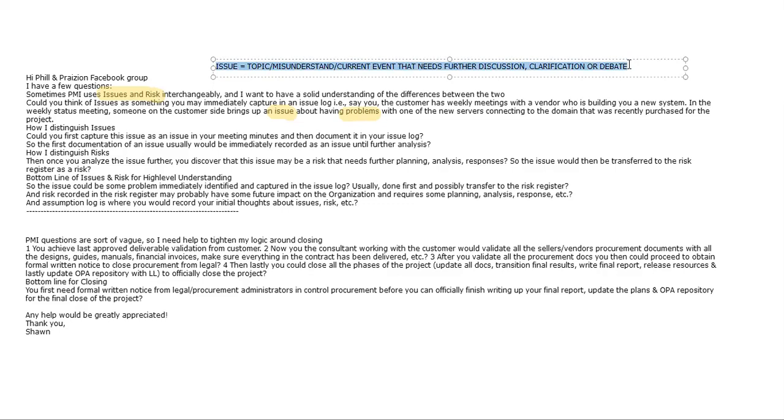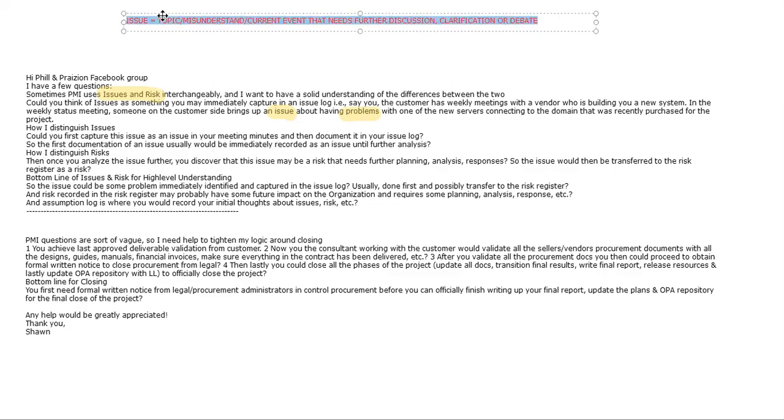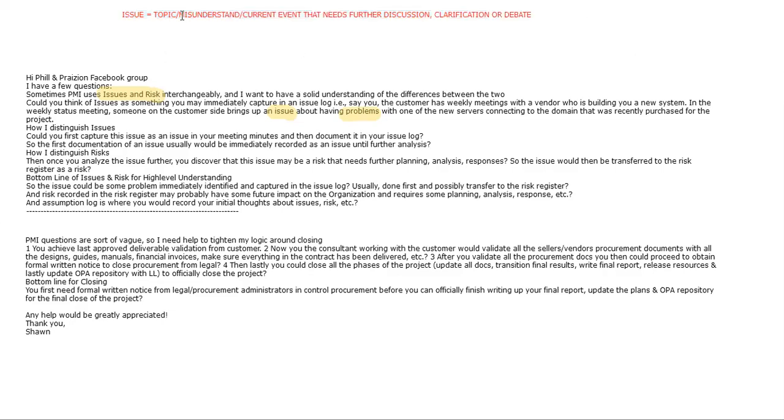Okay, that is my straight up definition, unfiltered, not from the PMBOK guide, not processed. The bottom line is an issue is happening now.